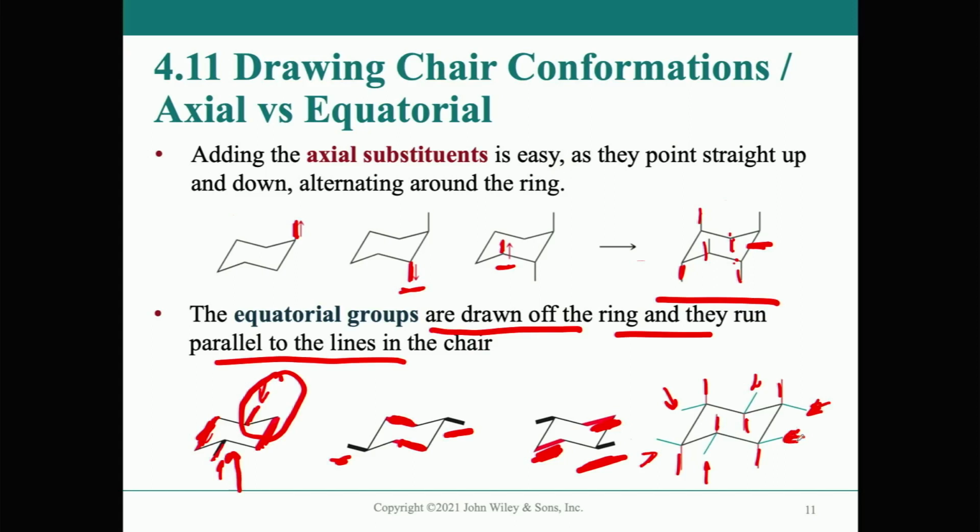So this one, for example, is parallel to this one. This is parallel to this. This is parallel to this. These two are parallel to these here. So make sure you are drawing them parallel to a corresponding neighboring bond.